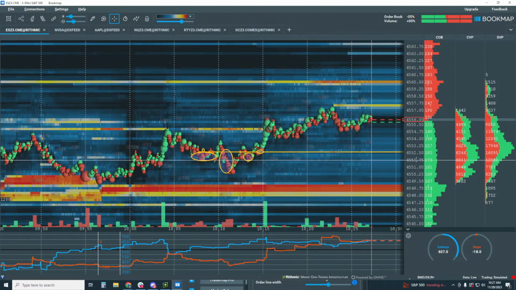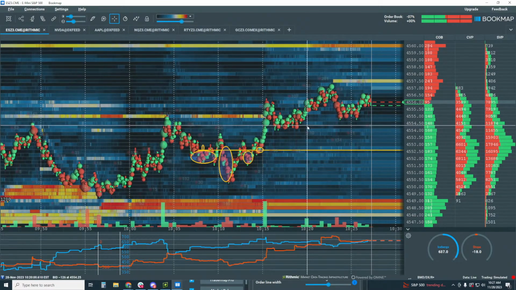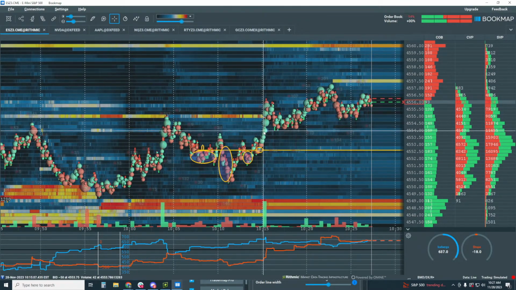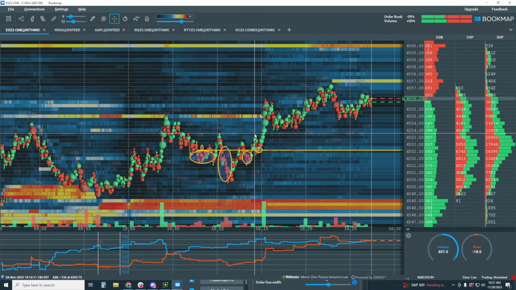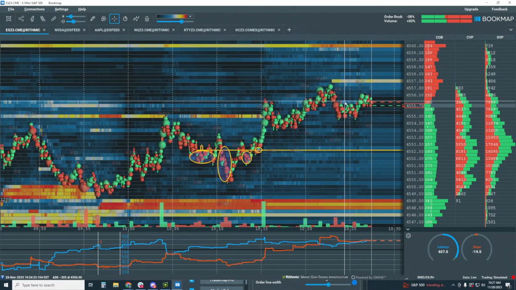Right, so I hope this makes sense in here, and reading order flow and starting to develop scenarios on where price might go based off of this information. Okay.